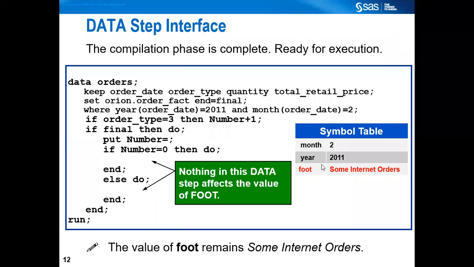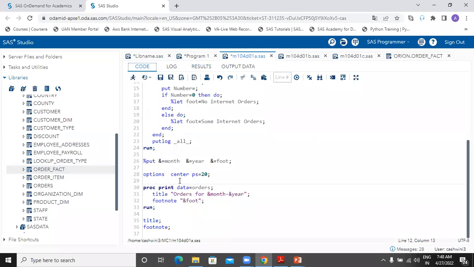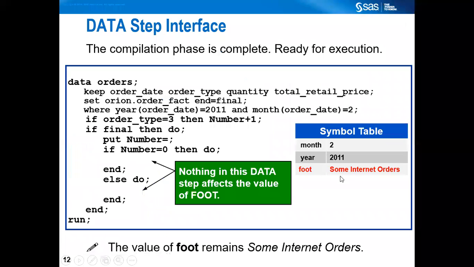But why would it resolve your footnote in the data step during execution? In execution, you're just creating the footnote. We are using this foot in your proc print. So your proc print execution will be resolving this foot. So what is a stagnant value in your global symbol table for foot? Some internet orders, currently, right? Okay, got it.